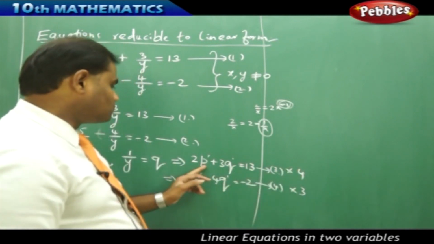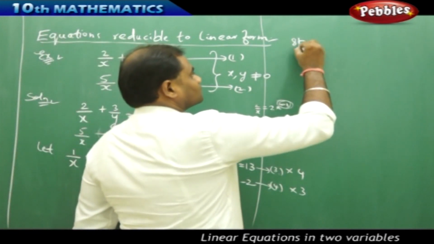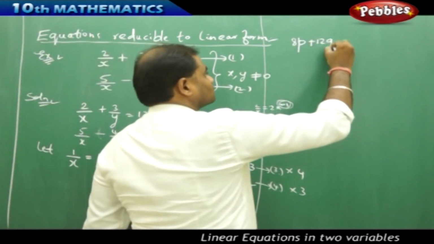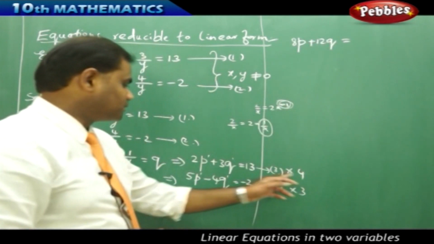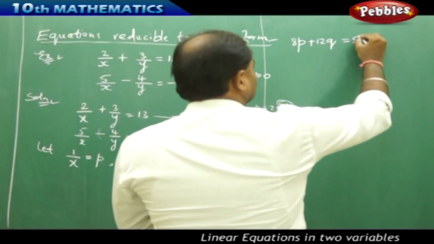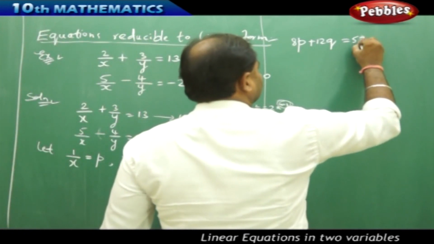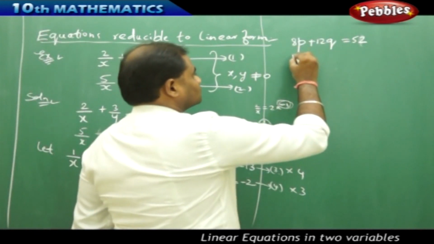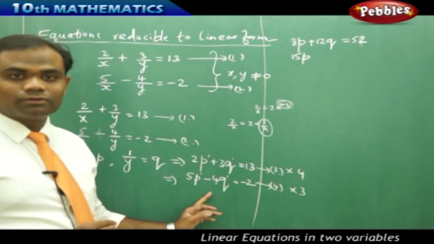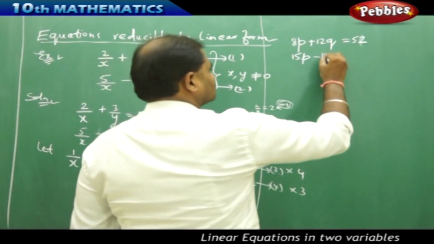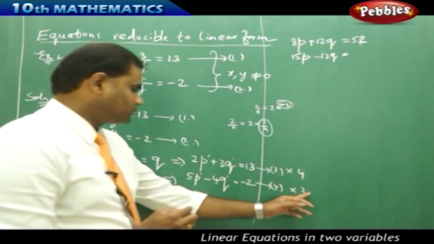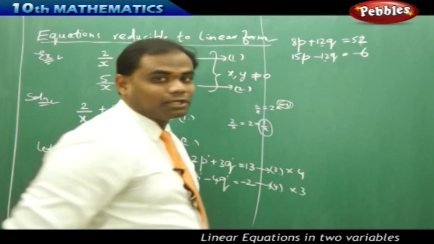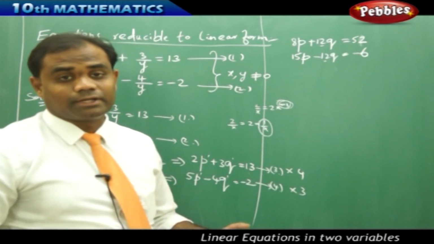So 4 multiplied with 2p gives me 8p, and 4 multiplied with 3q gives me 12q, and 4 multiplied with 13 gives me 52. Similarly, 3 multiplied with 5p gives me 15p, and 3 multiplied with 4q gives 12q, and 3 times minus 2 is minus 6. This clearly makes these two coefficients equal, differing by a sign, which is not a restriction.